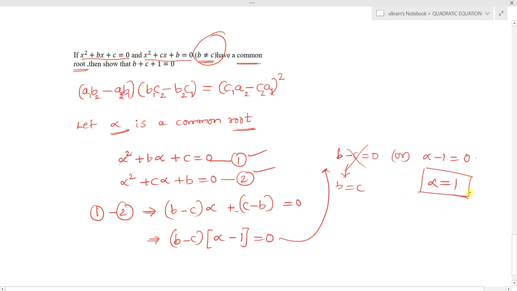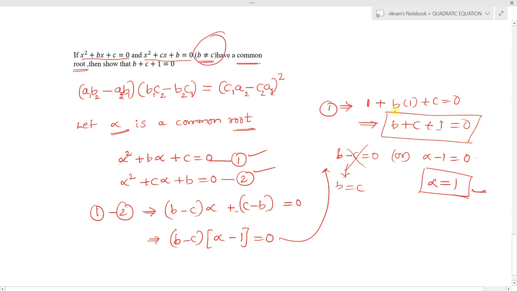So 1 has to satisfy the given equations. If we substitute alpha equals 1, we get 1 square plus b into 1 plus c equals 0, which is our required condition, 1 plus b plus c equals 0. Since a common root alpha is given, the root has to satisfy the quadratic equations.